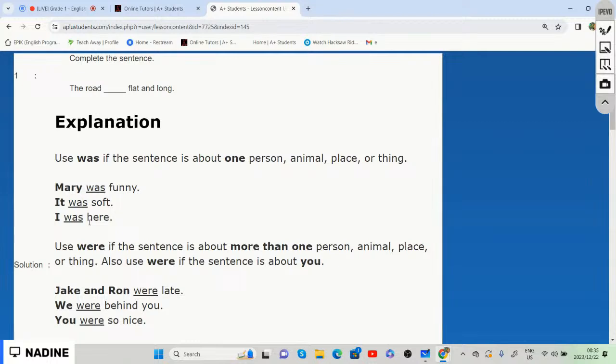So we said we use was to refer to one specific person, animal, place, or thing. And we use were if the sentence is about more than one person, animal, place, or thing. And we can also use were if the sentence is about you.